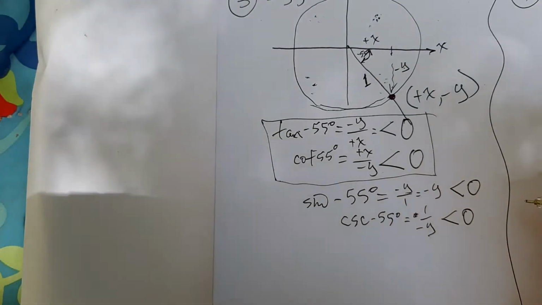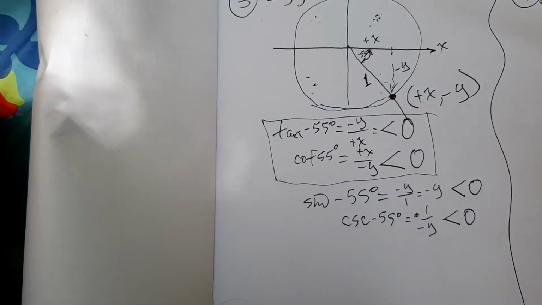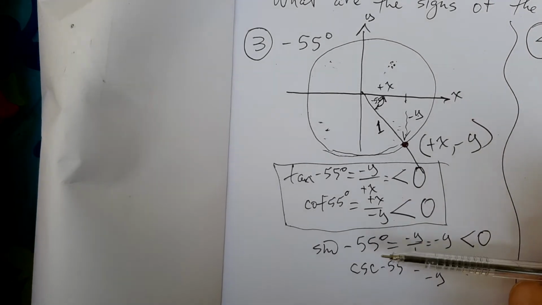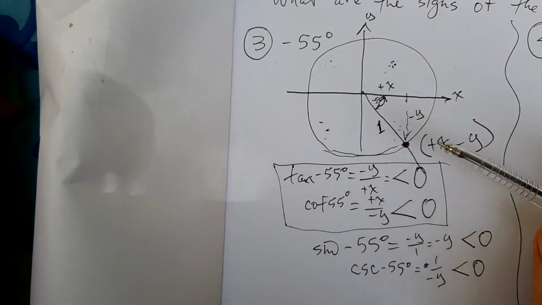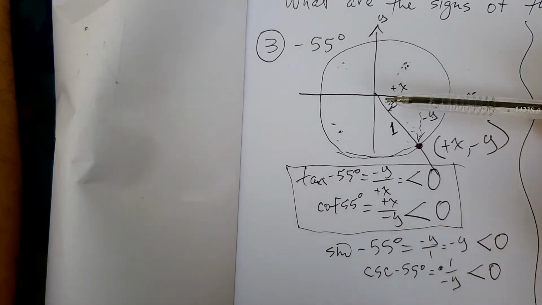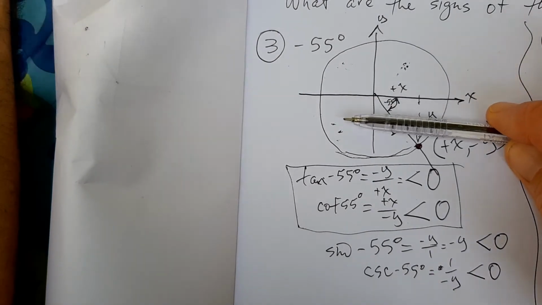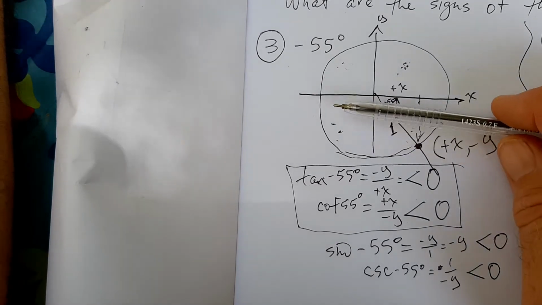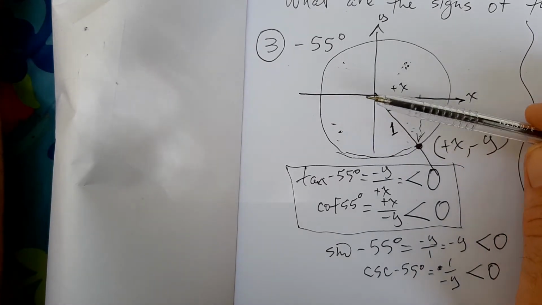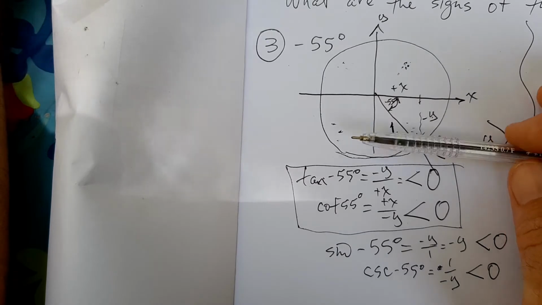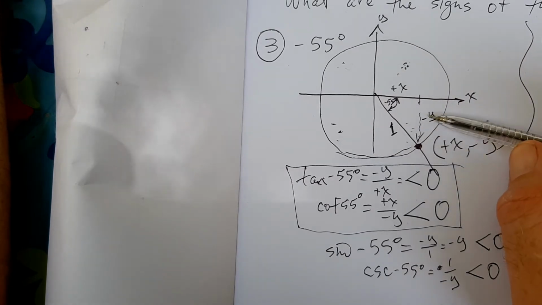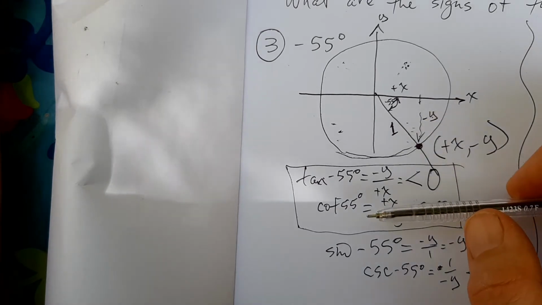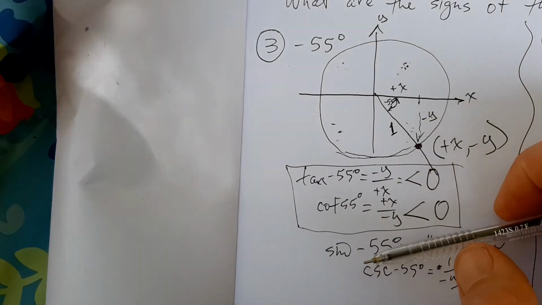So here's another part you can work on remembering. For sine and cosecant, if my point is below the x-axis, whether I'm in the third or fourth quadrant, then my y value is negative. And that is what determines the sign for sine.